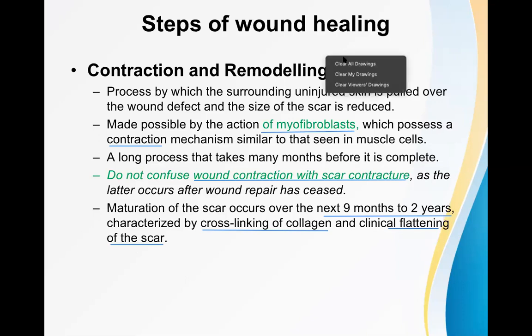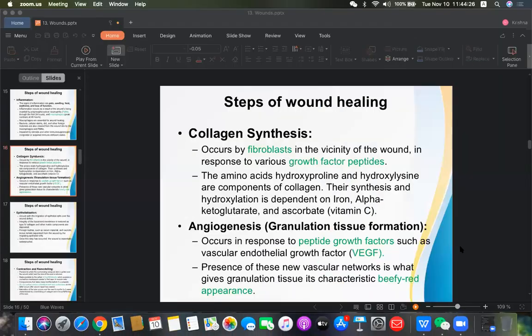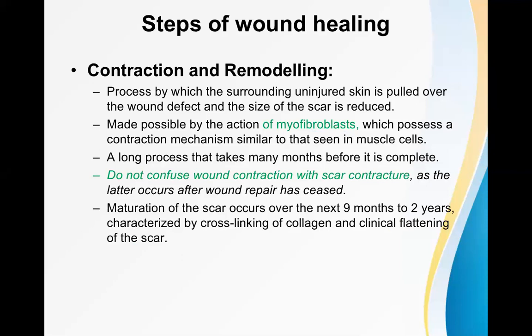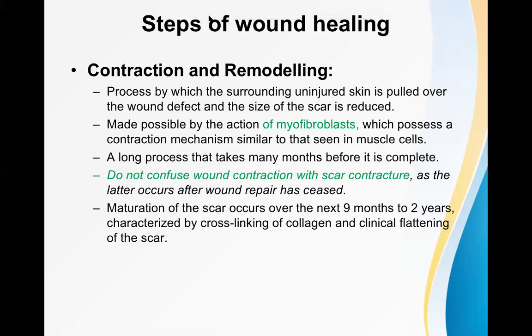Now, if the scar is not flat, if the scar is coming above the wound, we call that an abnormal type of scar, and these are known as hypertrophic scar and keloid. Let me write those terms here for you, and later on we are going to explain that.